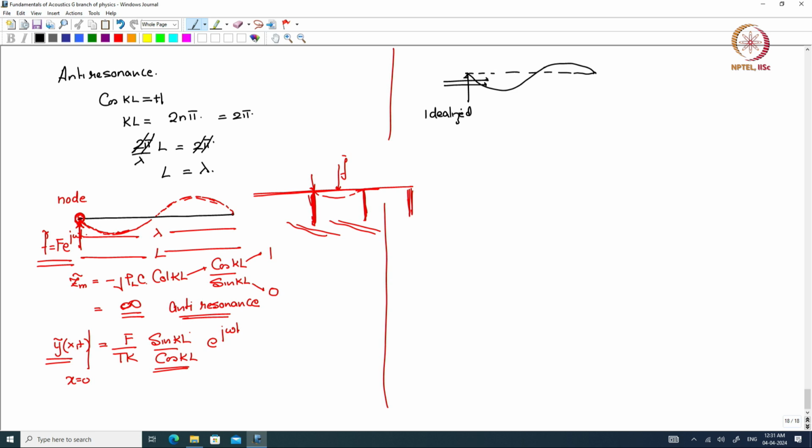okay. In actuality there will be some dissipation, okay. And right away the string is not going to acquire this shape, there will be some transients, okay, and because of the dissipation there will not be a true node point.